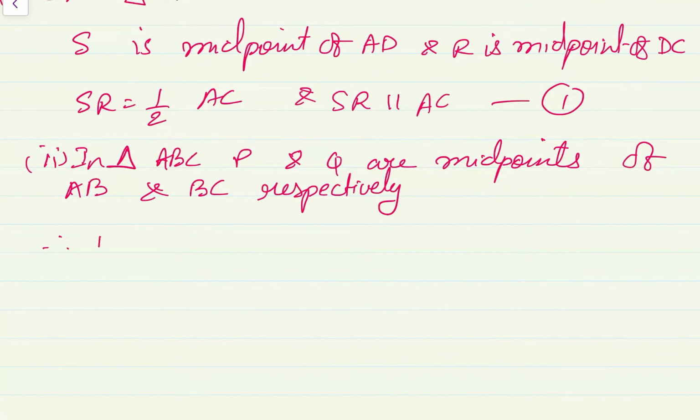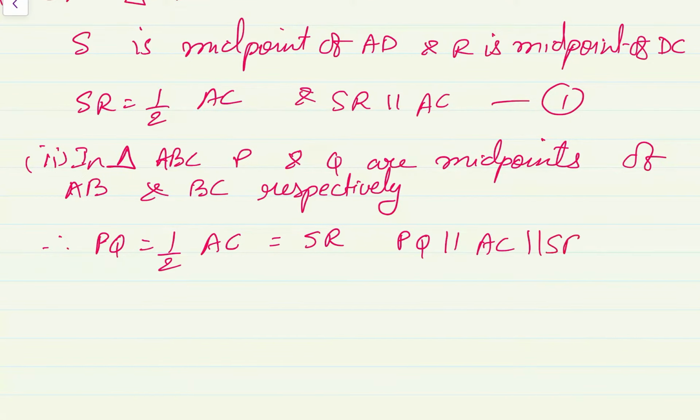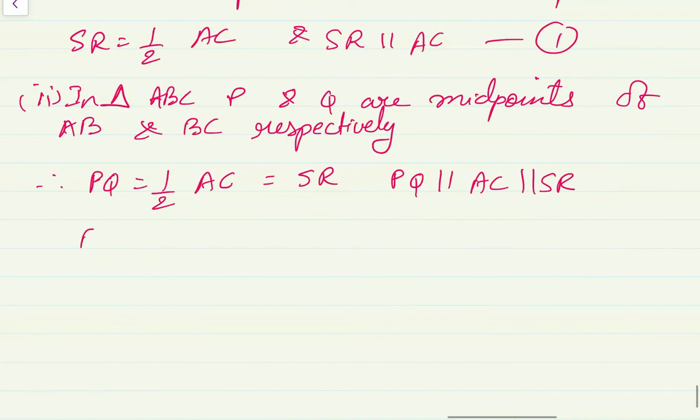Therefore, according to midpoint theorem, PQ is equal to half AC is equal to SR and PQ is parallel to AC is parallel to SR. Therefore, PQ is equal to SR and PQ is parallel to SR.